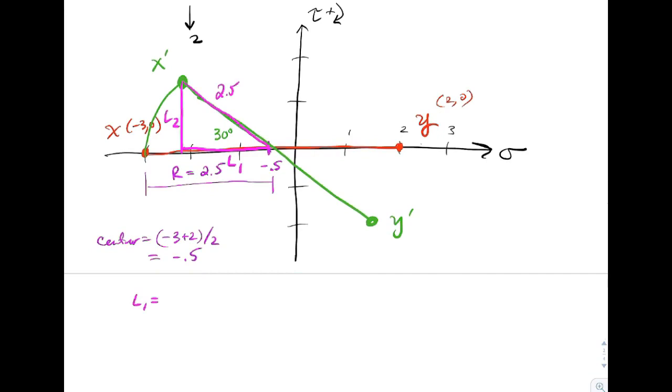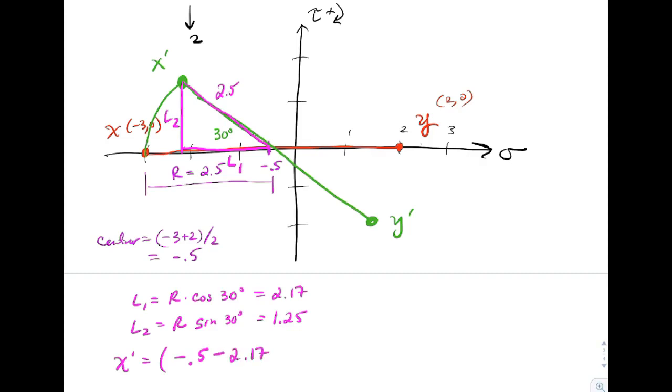So L1 would be equal to R times cosine 30 degrees, which would equal 2.17. L2 would equal R sine 30 degrees. That would be equal to 1.25. So that would tell me the coordinates of X prime. The coordinates in the horizontal direction, it's -0.5, which is the middle of the circle, minus 2.17.